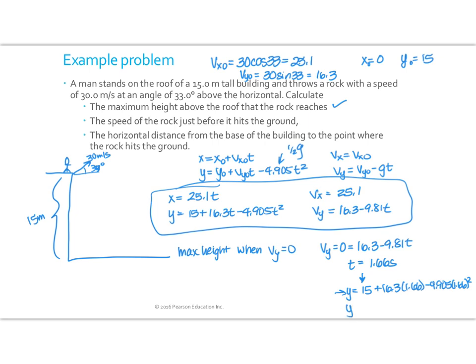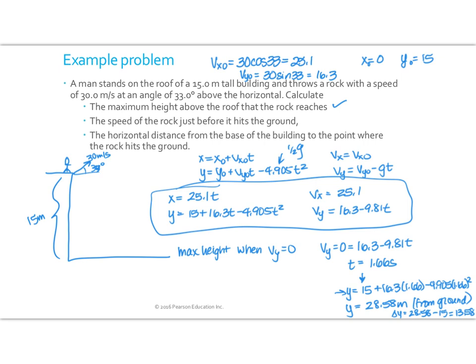I end up with a y value of 28.58 meters. So that is actually the height measured from the ground. The question actually asks for the height above the roof, so that delta y would be the 28.58 minus 15. So it goes 13.58 meters above the roof.